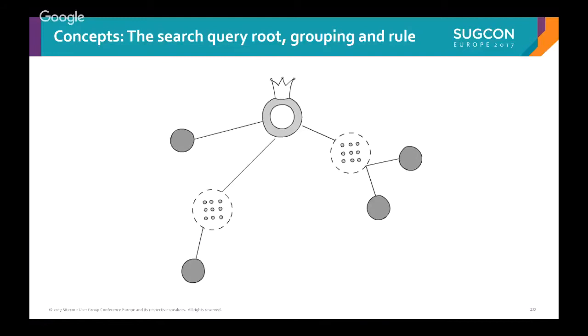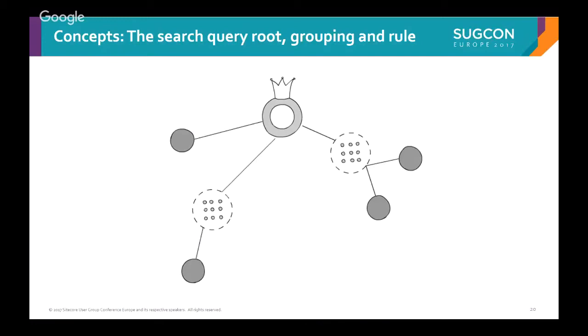And this contains some logic in terms of the model that is being fetched from the search index. It also contains some sort of logical operator, a grouping. A grouping is simply a collection of rules, and I will get back to what a rule is in a minute. But a grouping is just whether something should be logically ANDed or ORed together.